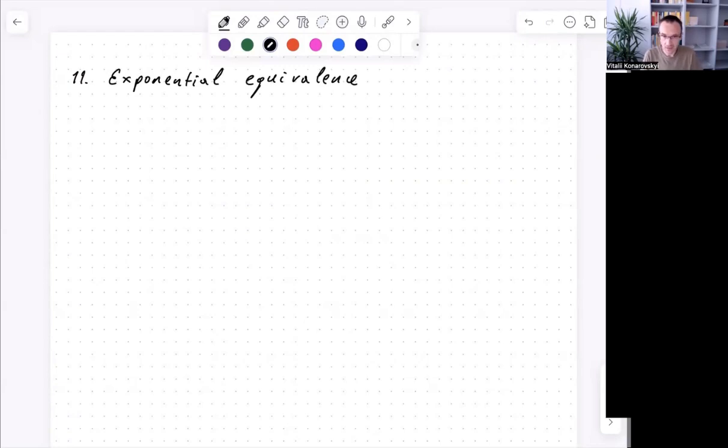The idea of the lecture today is that sometimes it is convenient to consider one family of random variables and replace it by another family of random variables for which the large deviation principle is easy to obtain, and then get a large deviation principle for the other random variable.